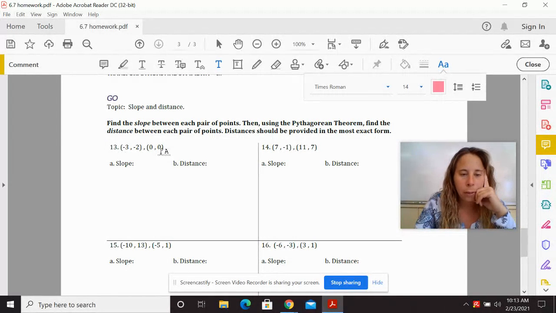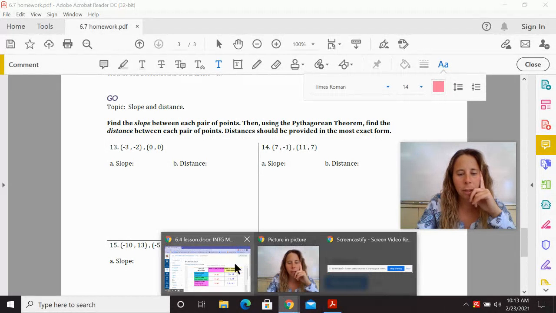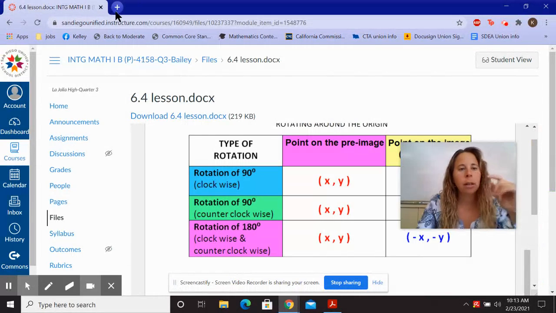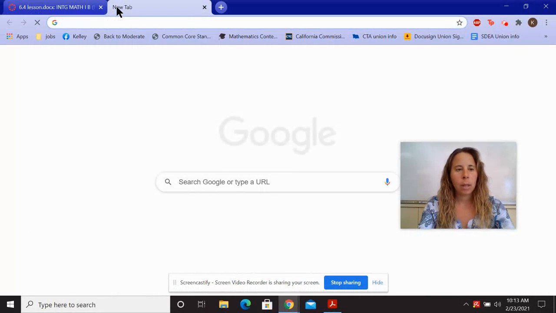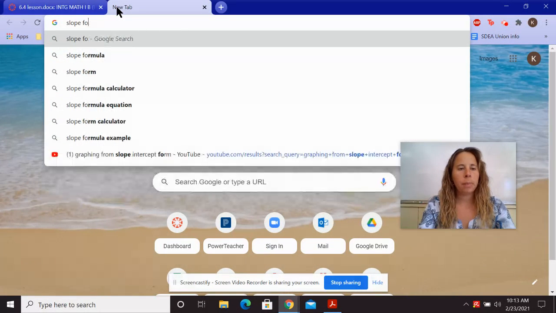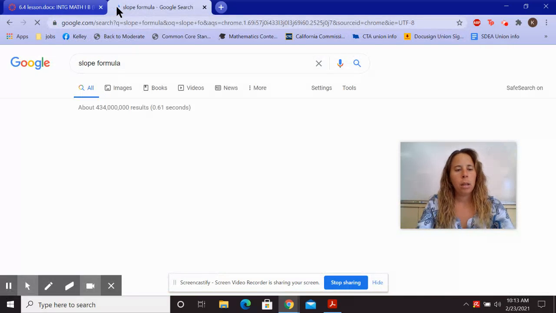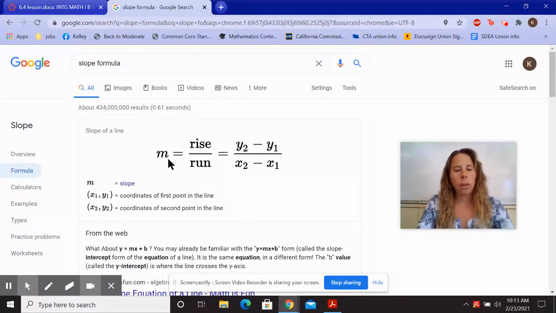So you're given 2 points, and you need to find the slope. Slope formula. You can think of it as rise over run.